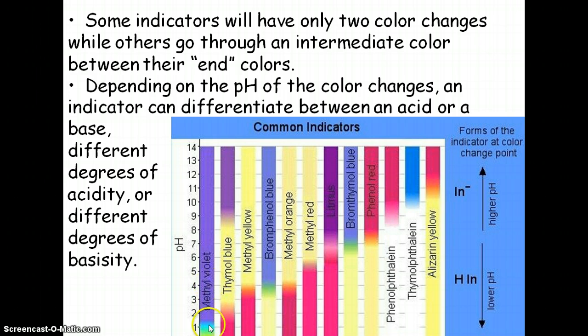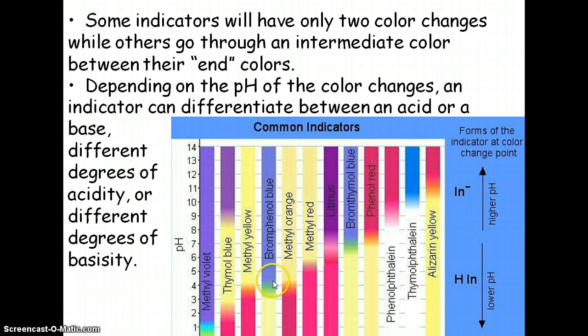You see methyl violet changes color at a very low pH, and thymol blue is going to be pink at a very low pH, and then a purple color at a higher pH. Right? Methyl yellow has a color change around pH 4.